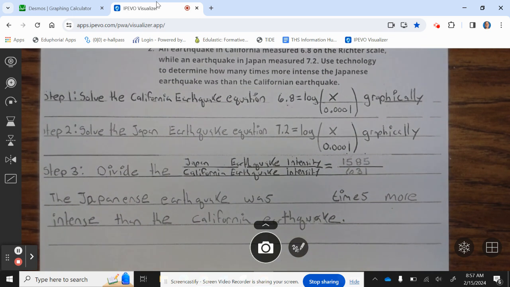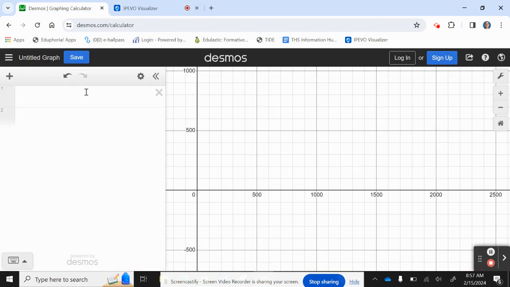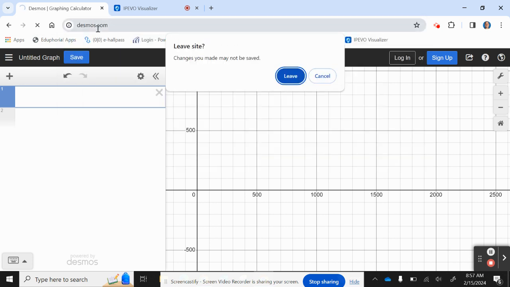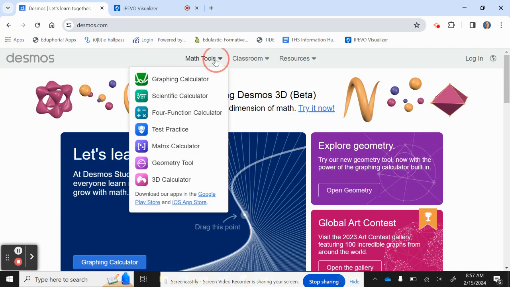Step 3, divide the Japan earthquake intensity by the California earthquake intensity. Okay. So let's go ahead and do that. And we probably want just the Desmos scientific calculator.